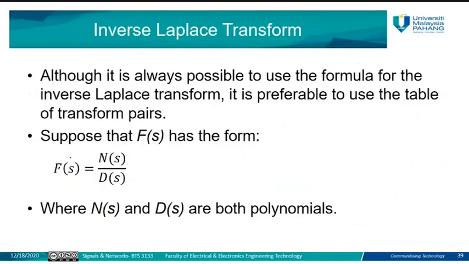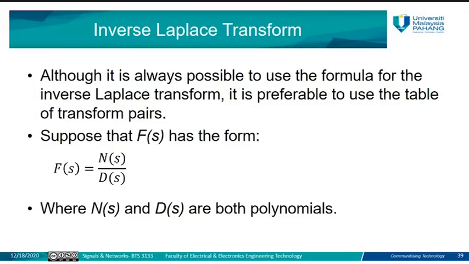Before we go to the process of how to find the inverse Laplace transform for a function which is complicated and not available in the table, we need to know that the Laplace transform function in the S domain usually comes in this form: N(s) numerator over denominator. You have some values in the numerator and some values of s in the denominator.